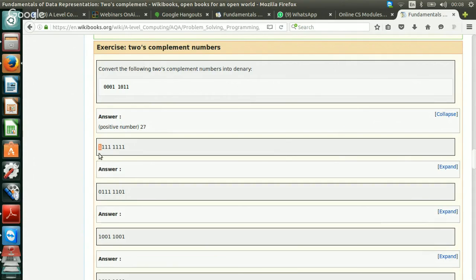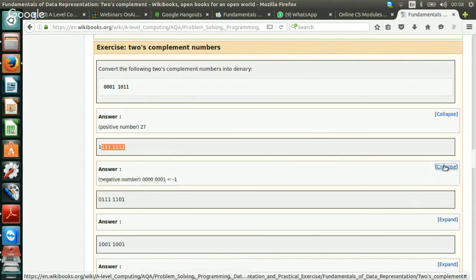Now they have given another number. The MSB is 1, so it's a negative number. 1, 2, 4, 8, 16, 32, 64, minus 128. So you have to add all these numbers to minus 128. They are all ones, so it's going to make 127. 128 minus 127 should be 1.